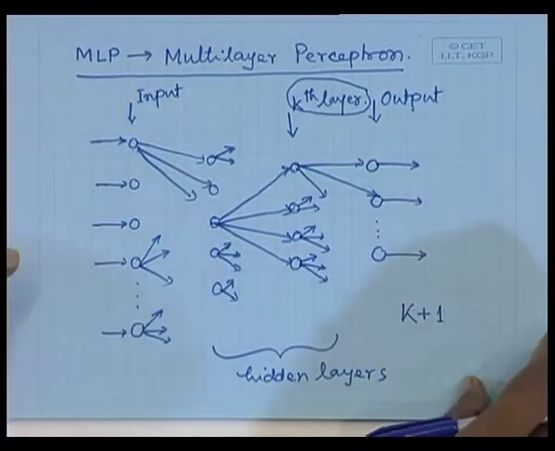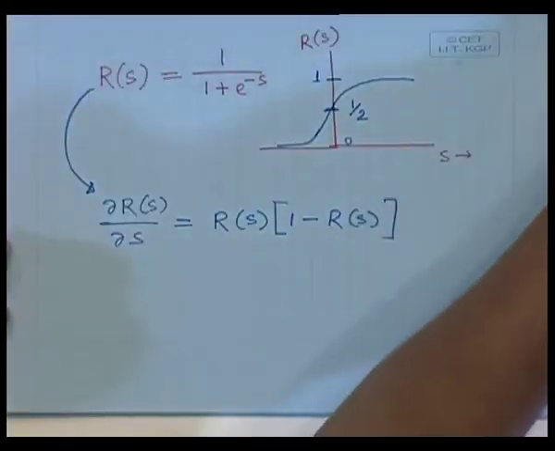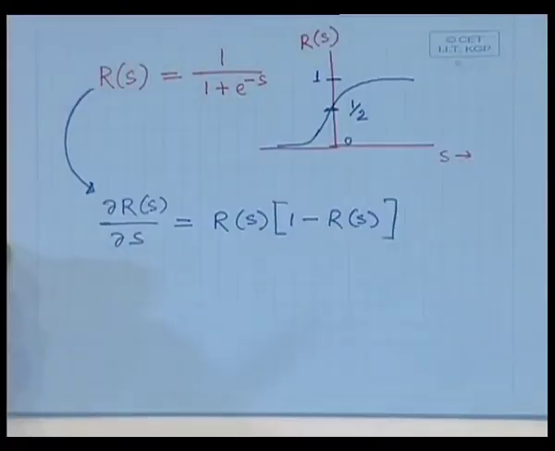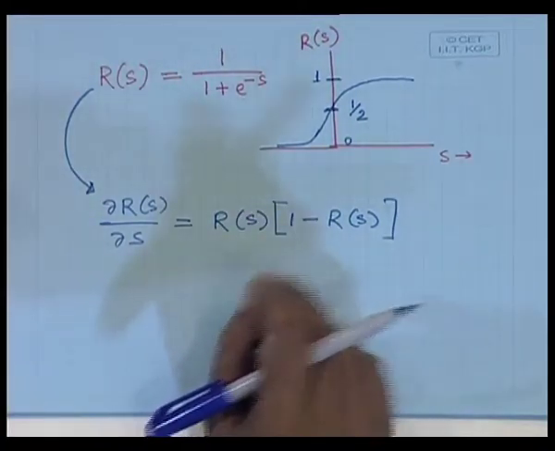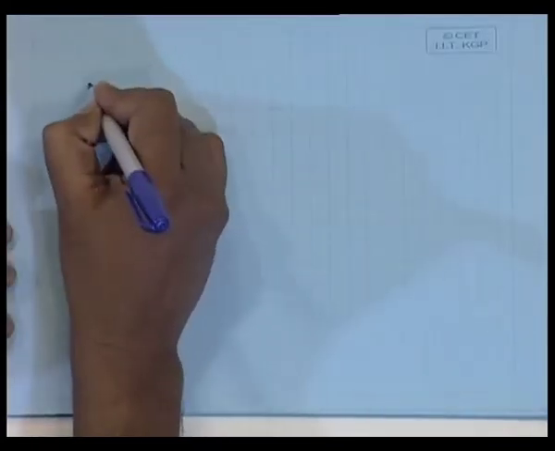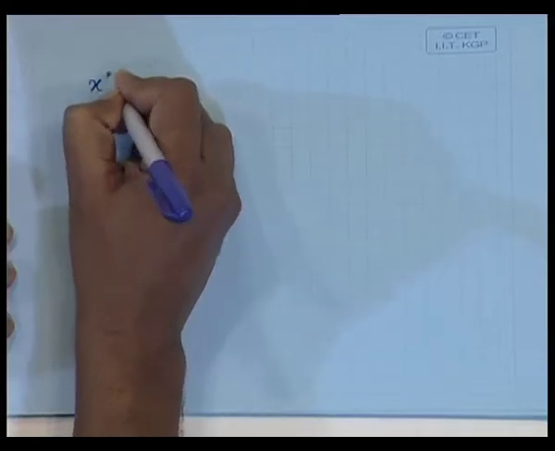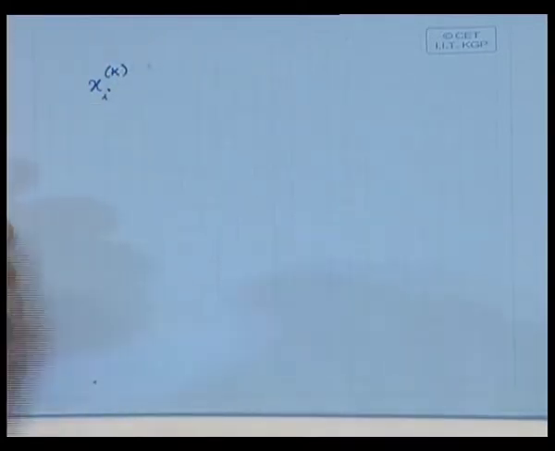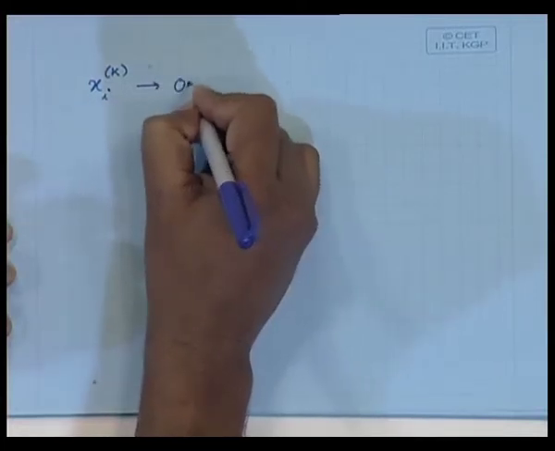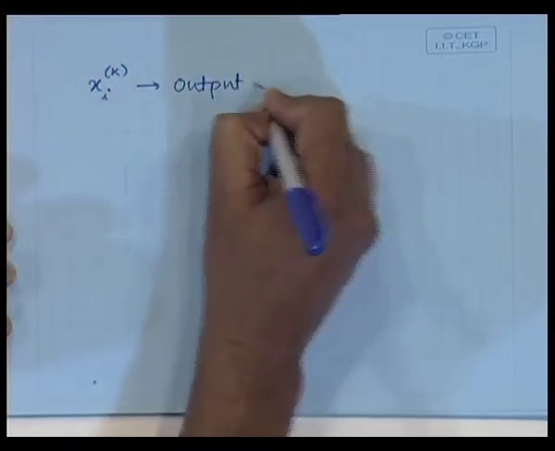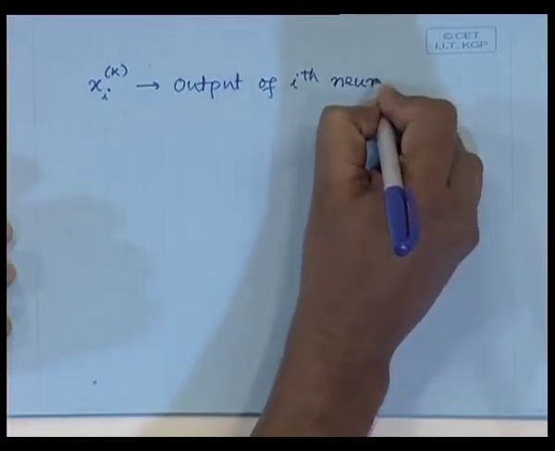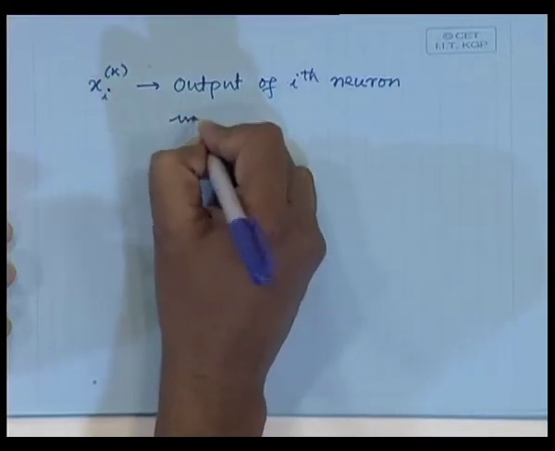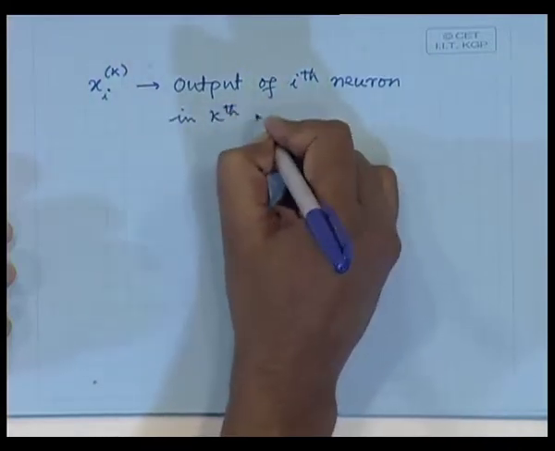Okay. So, if I say the output of the ith node in the kth layer, that will be represented by x_i^k. This is the output of the ith neuron in the kth layer.